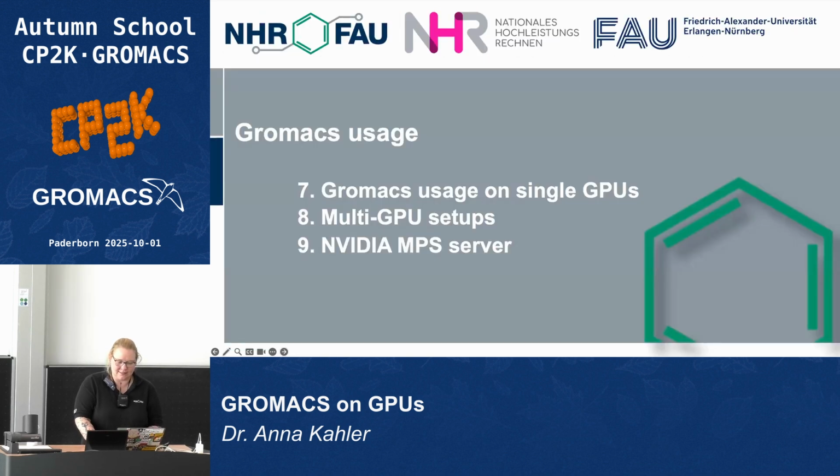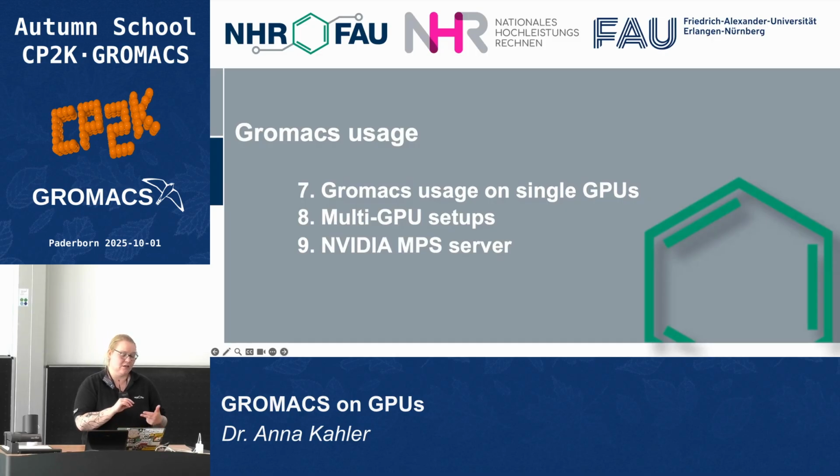Okay, so now usage and how to use it on single GPUs, on multiple GPUs. What I'm not going to show you is how to use it on multi-nodes, so only on multi-GPUs on one node. Firstly, because I've not yet been able to set it up successfully. It needs a special GROMACS version with CUDA-aware MPI, and I've not been able to set it up.